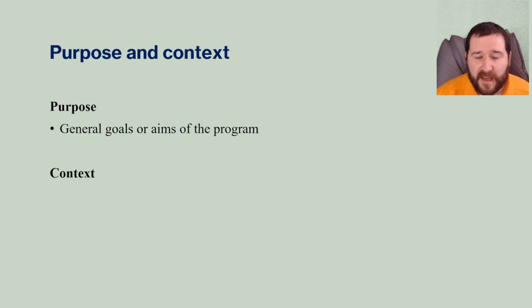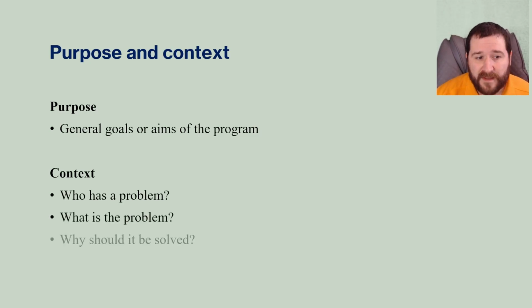As far as context, if you are providing the context of your program, I should know who has a problem, what is the problem, and why are we solving it. This is borrowed from the engineering design process. We're looking at problem statements, but I think that's a great way to give context. What is the population we're training? What are we training them to do, and why?